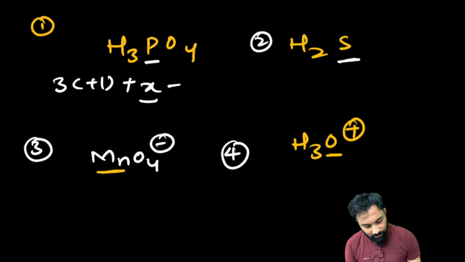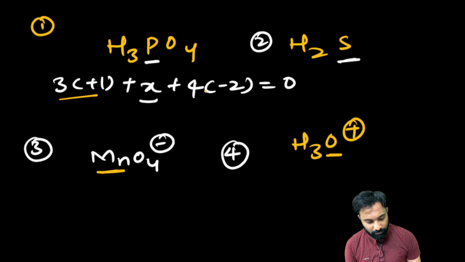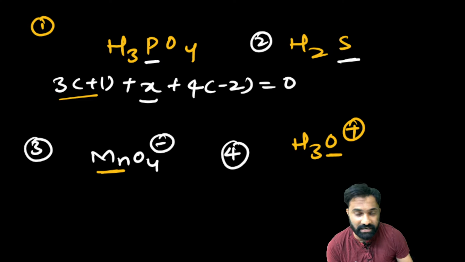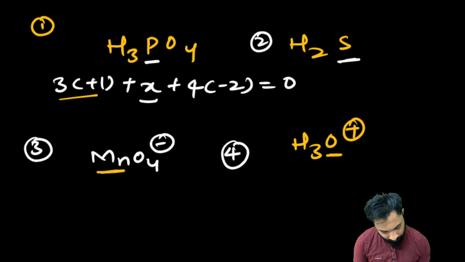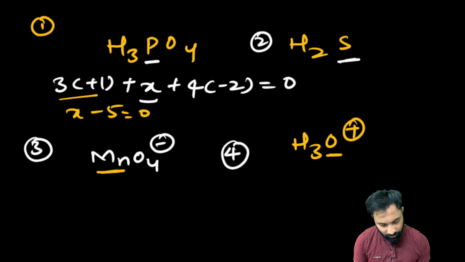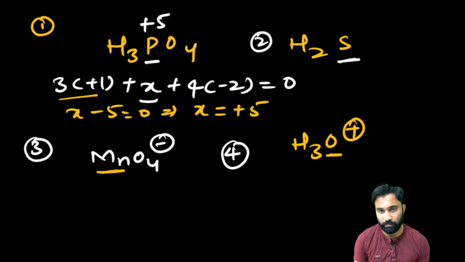Now X plus 4 into -2 equals 0. Then it is +3 and here it is -8. +3 and -8 will give you -5. So X minus 5 is equal to 0. If you send the 5 to the left hand side, X is equal to +5. Now the phosphorus oxidation number is +5.